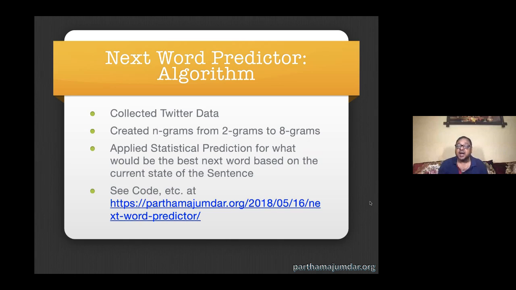Like that I made 3-grams, 4-grams, 5-grams, up to 8-grams. Then on those n-grams, I created a statistical model. So when a person is typing some text, it is able to go through all the n-grams and find out which n-gram has the maximum possibility of being able to provide the next word.